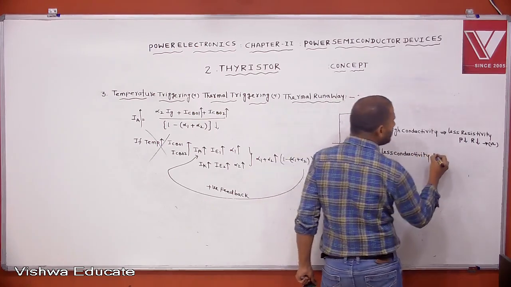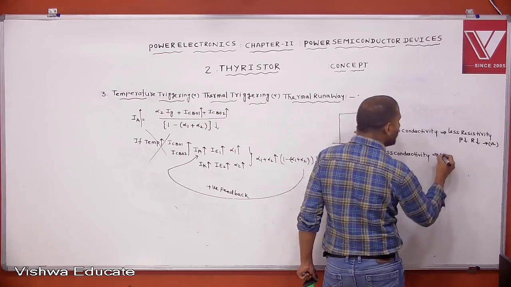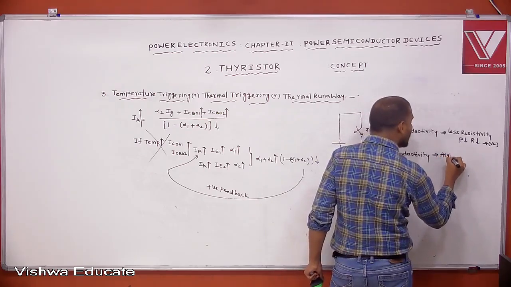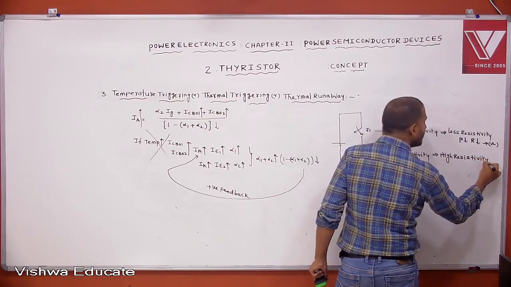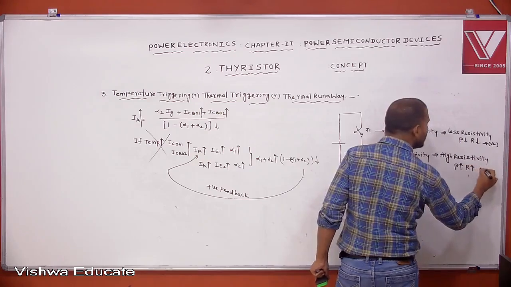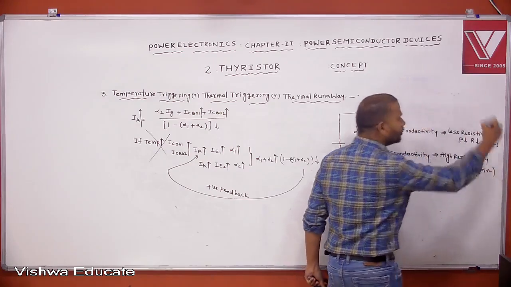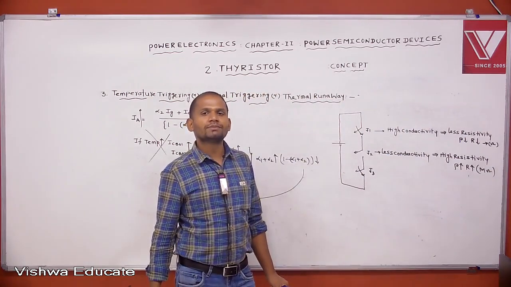Less conductivity means high resistivity. If the resistivity is high, resistance is high, so the J2 junction offers resistance in the range of mega ohms.